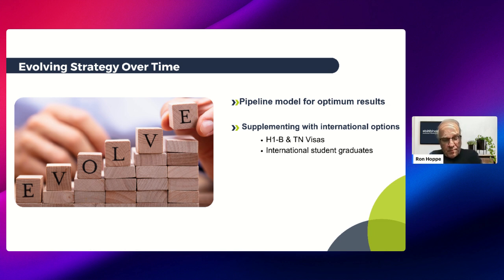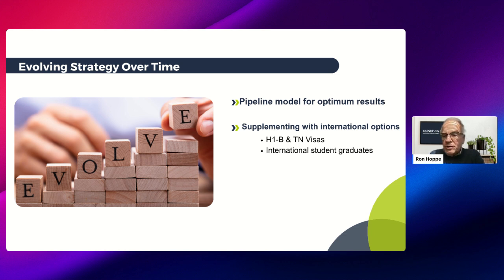But it is also possible, as part of an overall strategy, and this strategy evolving over time, to supplement that strategy with other visa programs, such as the H-1B visa or the TN visa, that is a visa specifically for Canadian and Mexican applicants. And increasingly, we're seeing there's a growing pool of international student graduates here in the US.